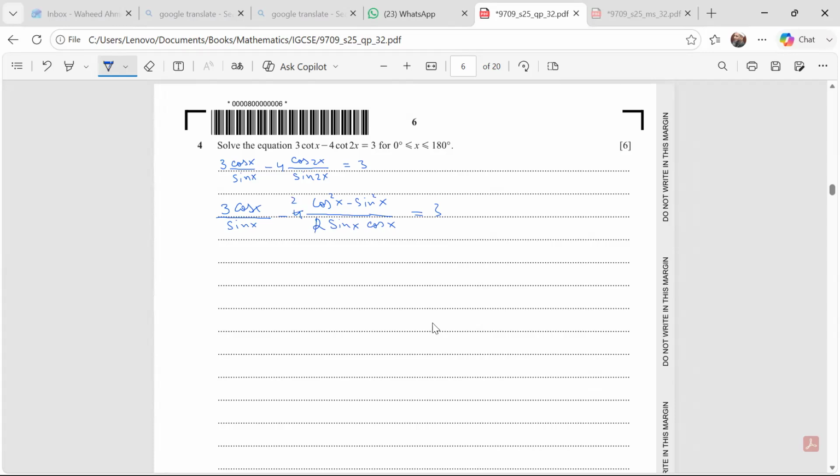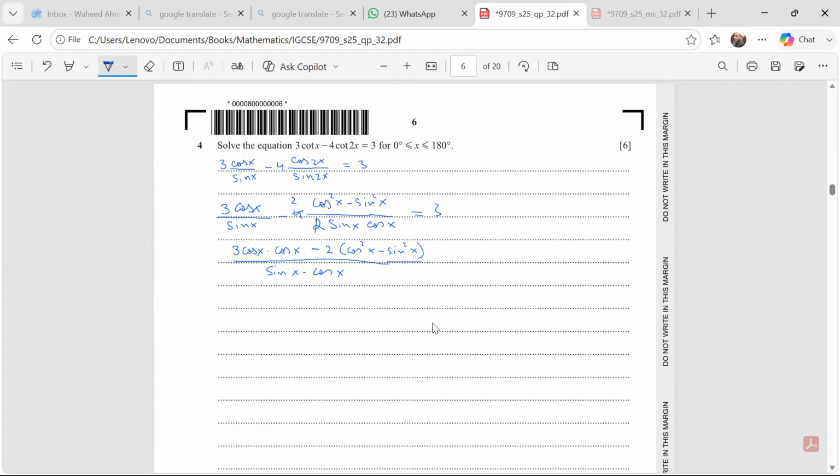Okay, so if I add this fraction, I will have sine x into cos x. So this is 3 cos x, it should have sine x only. I will multiply with cos x here. Okay, now I have minus 2 and cos square x minus sine square x.